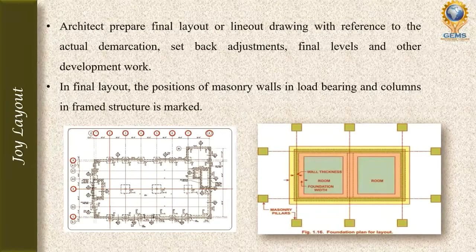Before moving to the center line method or the face line method, if you have any site, we have to find the corners of the site. So first, let us start with how we can find the corners of the building. In this, the architect is a person who gives the final layout or the line out diagram with reference to the actual demarcation.